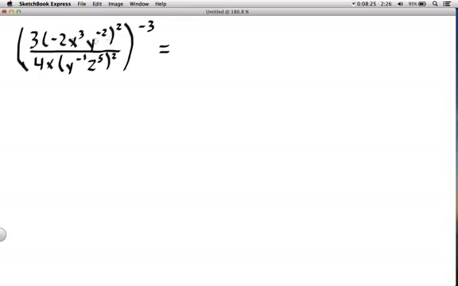So we'll just work on inside the giant parentheses, starting from the very inner parentheses. So keep the giant parentheses on the outside, and work on the inner parentheses in here. So we're going to square everything. Negative 2 squared is positive 4. X cubed squared is x to the 6th.